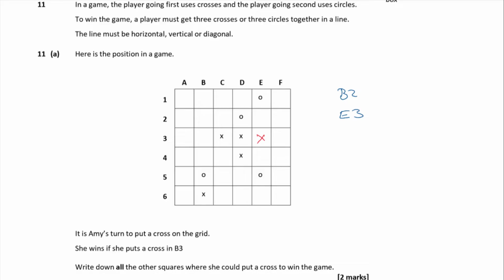Okay. So then I'd get like 3 that way. Where else? I could put one here at D5. That would give me 3 there. I could put one there at C5.